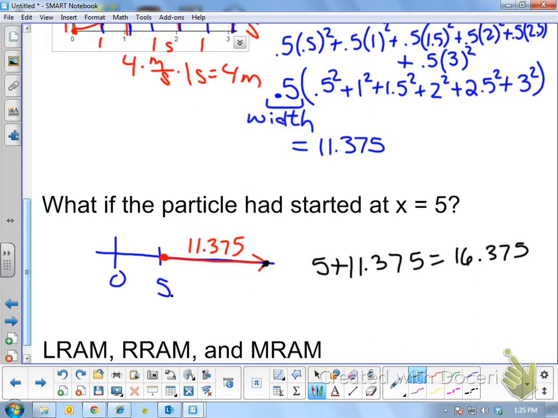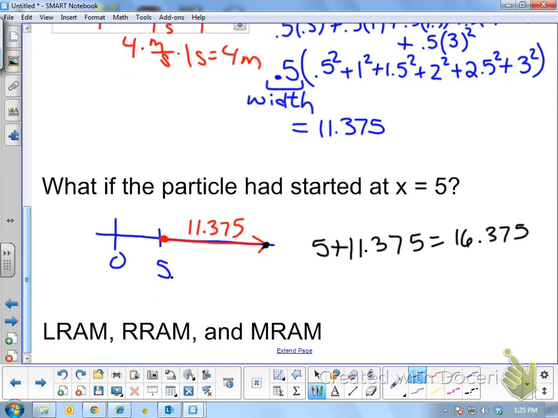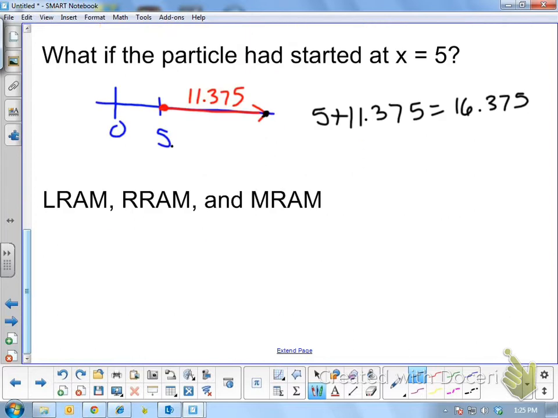So there's different ways we can draw our rectangles. The 3 different ways we usually use are called LRAM, RRAM, and MRAM. I don't really remember what it stands for. Riemann sum is somehow associated with this. So the guy who actually discovered this was Riemann instead of Newton.